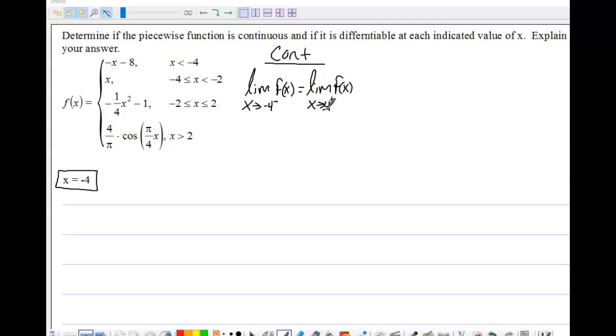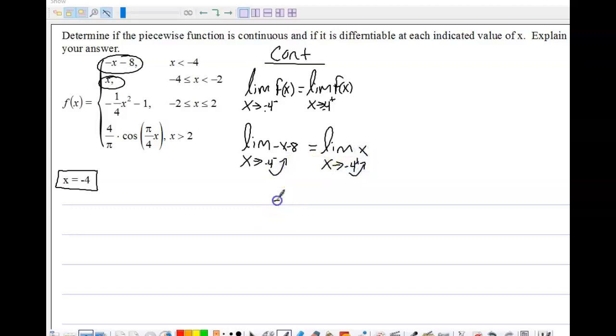So if I'm approaching -4 from the left, then I would be using this piece. And if I'm approaching -4 from the right, I would be using this piece. Direct substitution tells me that -4 is on this side, -4 is on this side, and they are in fact equal.